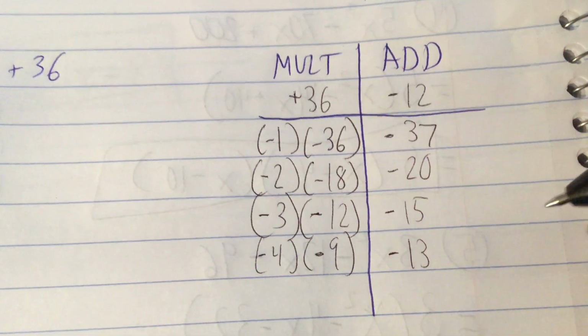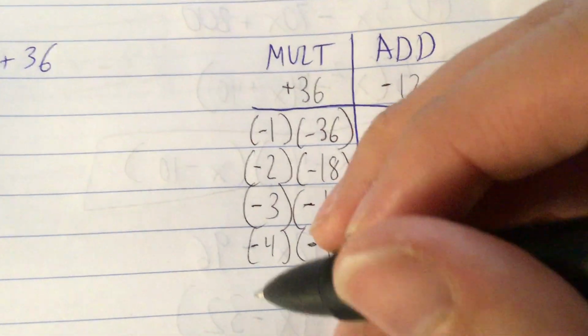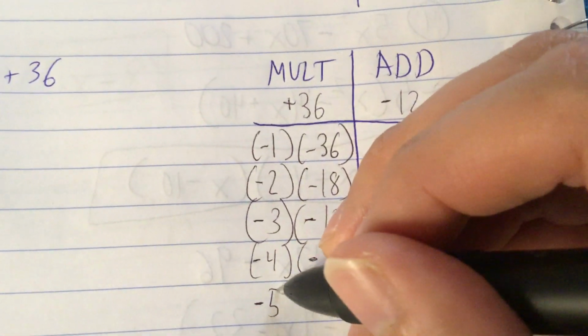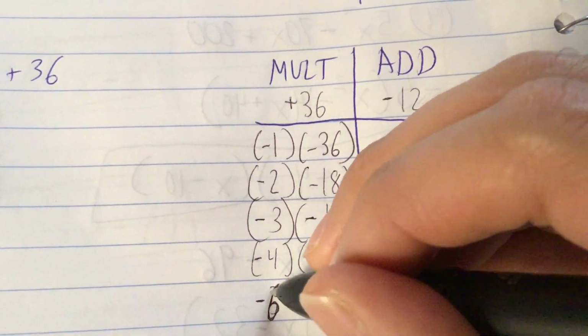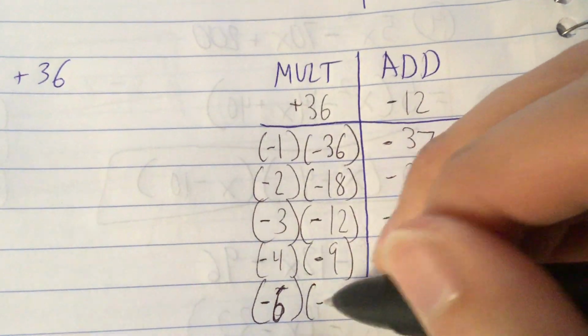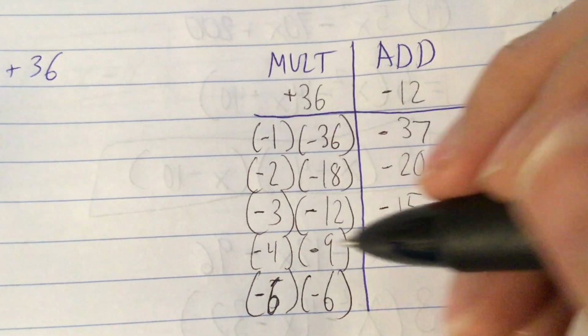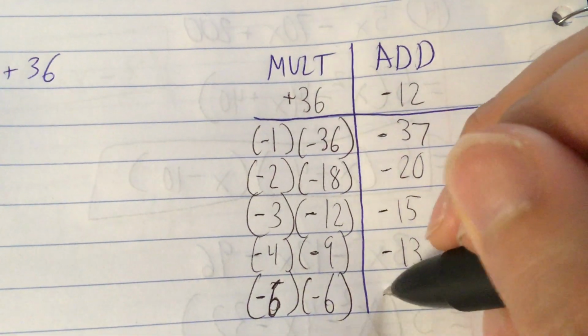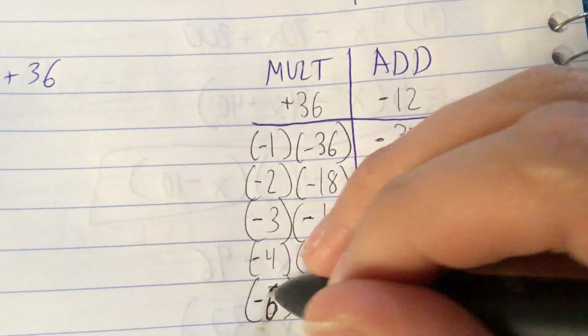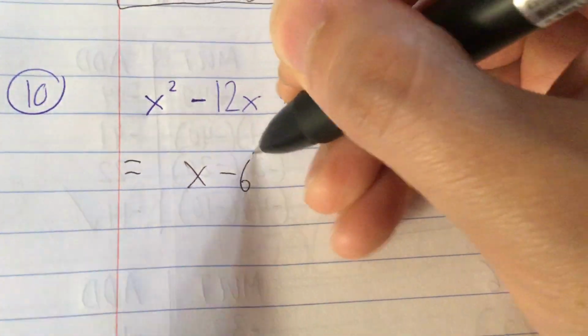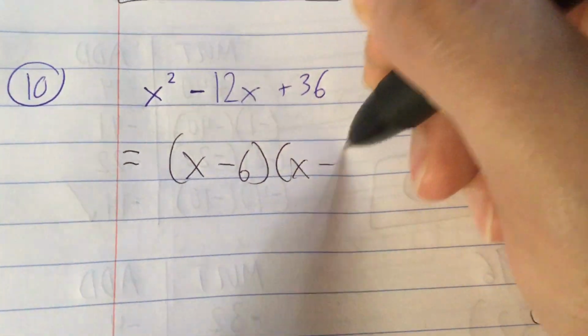Can I divide by 5? Nah. Let me try negative 6 times negative 6. Negative 6 times negative 6 is positive 36. Negative 6 plus negative 6 is negative 12. So I think we have a winner. So the winning combination becomes x minus 6 times x minus 6.